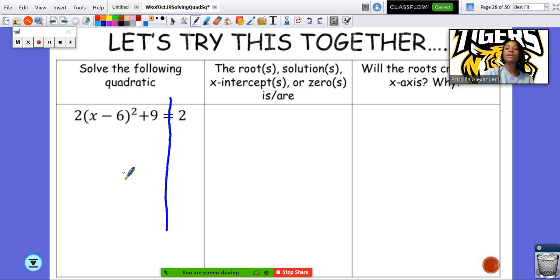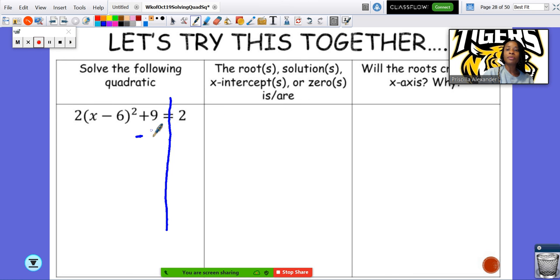First I need to figure out what method I'm going to use to solve this quadratic. Well, if we look, I have a squared here and a variable here. So I know that I have an x squared in my problem, and I'm not going to end up with any other variables in this form, so I can go ahead and use what is called the square root method, since it's in this form.